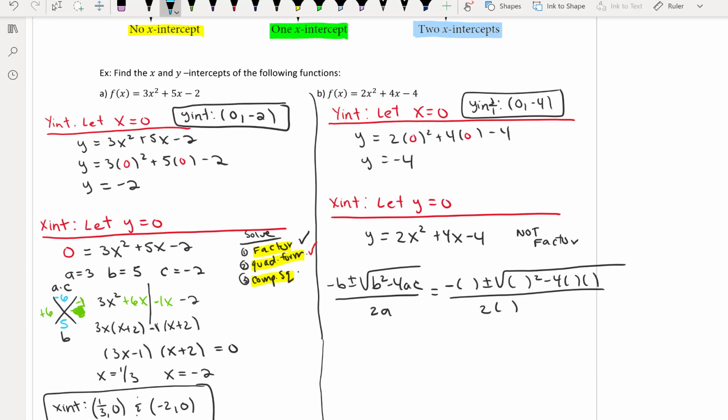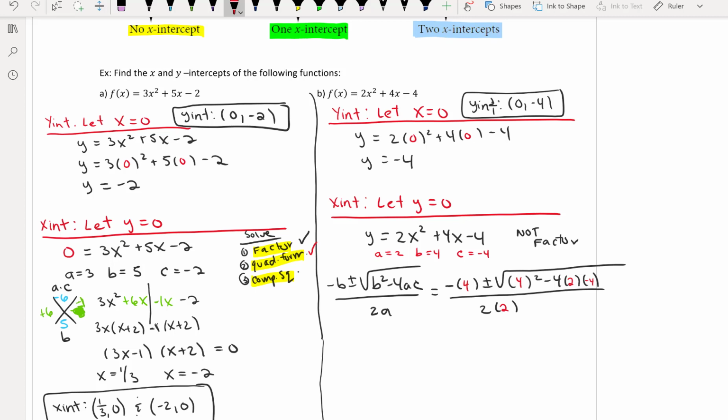And so for the values that I'm plugging in here, maybe it'd be helpful if I plug in what are my actual A, B, and C values. So I have that A is equal to 2, B is equal to 4, and C is equal to a negative 4. So my B value is 4. My A value is 2. And my C value is a negative 4.